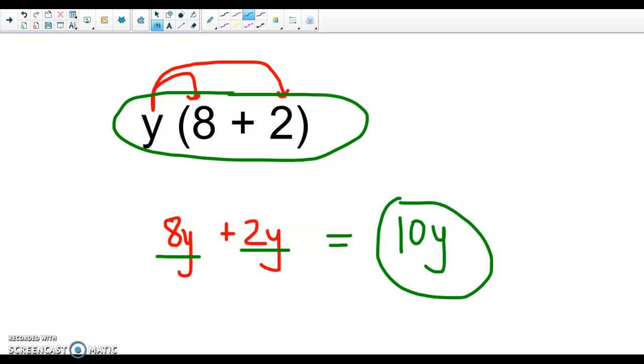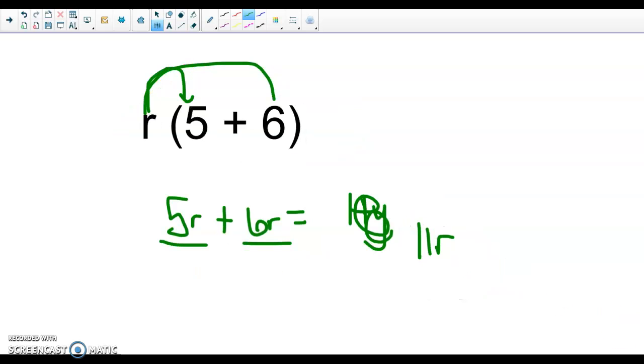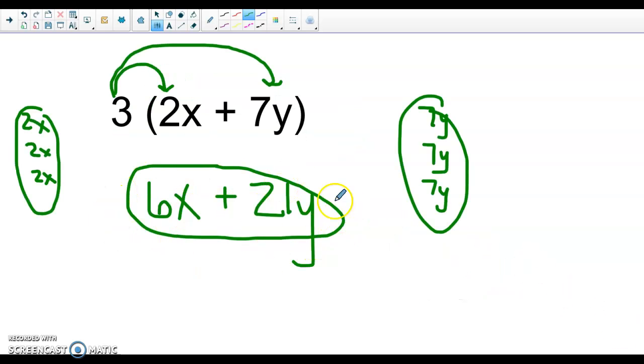And then we learned that if your terms are like at the end, like this has a y and that has a y, you can combine them, 8y plus 2y, and we got 10y. And when it looks like this, you cannot, because the variables are different.